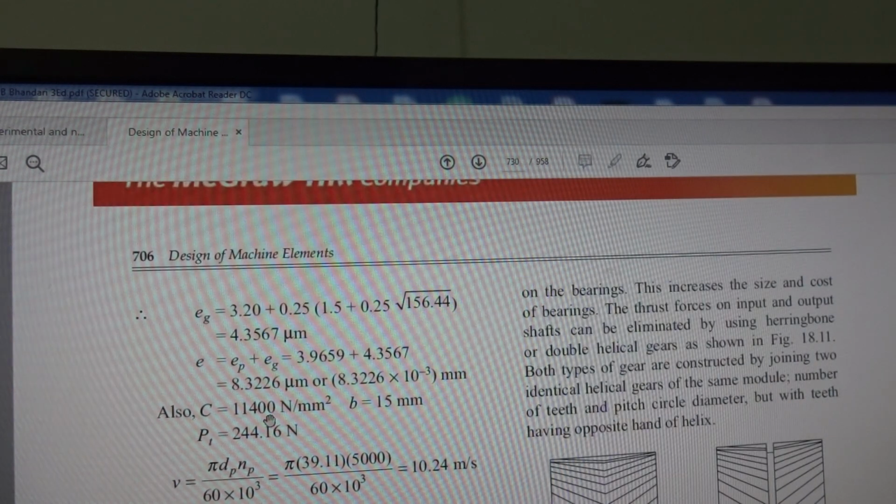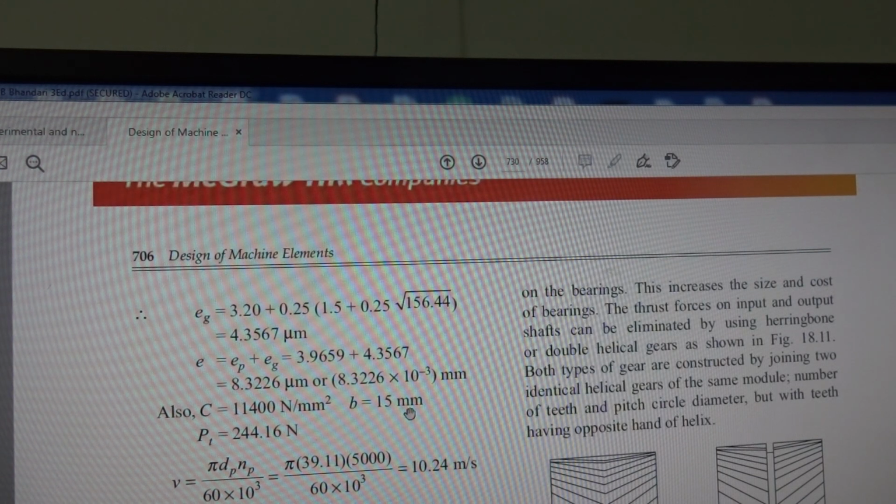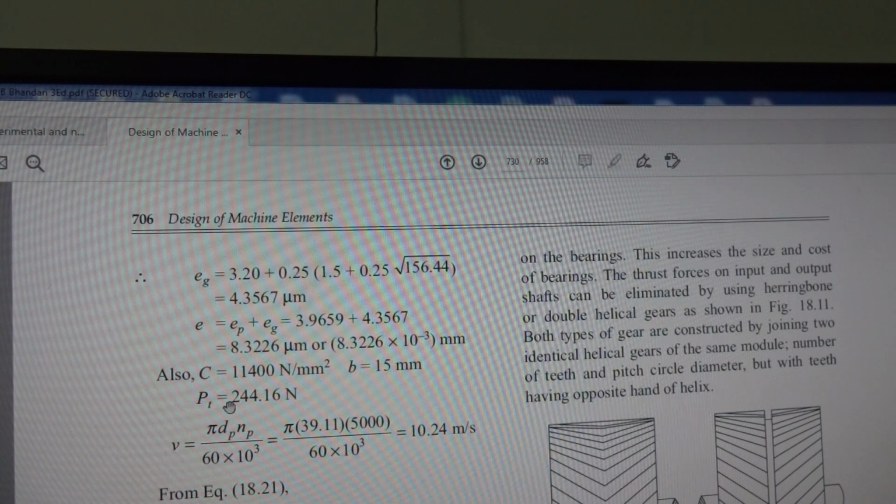C is equal to, for the steel, you know this value, 11,400 Newton per mm square, and b is equal to 15 mm. So pt is equal to 244.16 Newton.